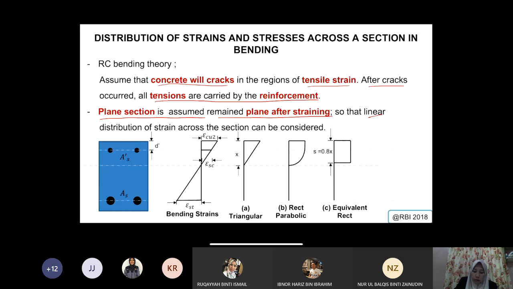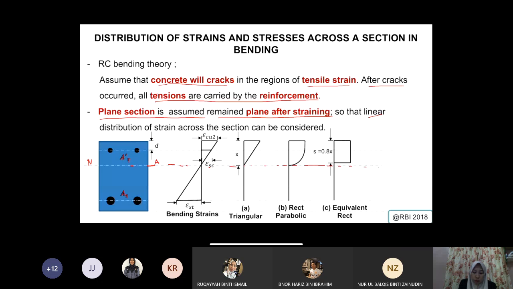Okay, so here, this is a typical cross section. You will have As for tension, then you have A dash for the compression part. Say the neutral axis that you get is somewhere here. You have to determine your neutral axis first.